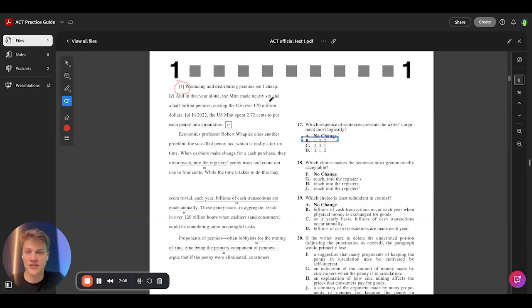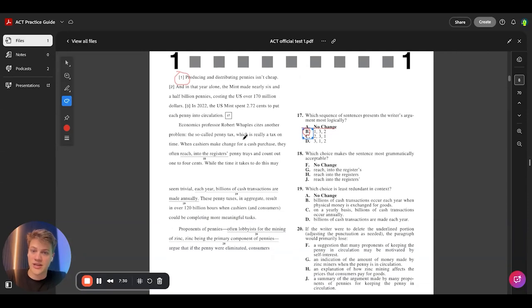And in that year alone, the Mint made nearly 6.5 billion pennies, costing the US over $170 million." Answer choice B is definitely the correct answer, because we talk about how pennies aren't cheap, what year they made a bunch of pennies, and how they lost a bunch of money in the year that they made a bunch of pennies. So it's answer choice B for number 17.